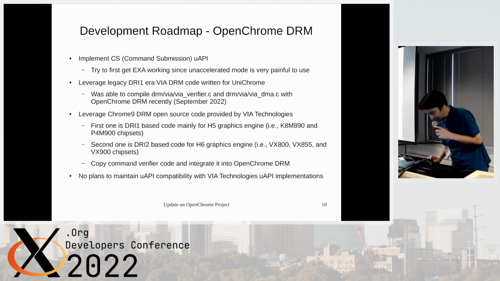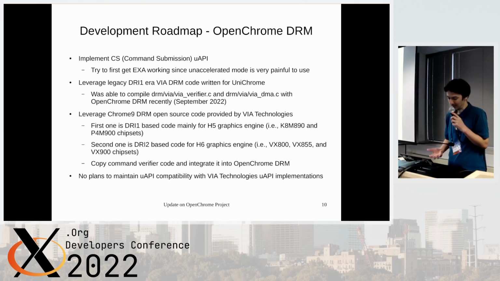So the development roadmap: I have to really get the command submission stuff working. Also there is DRI1 era legacy code, which I'm sure some people in the DRM development community want to get rid of. I'm trying to update it so that maybe someday we could get rid of that legacy stuff.